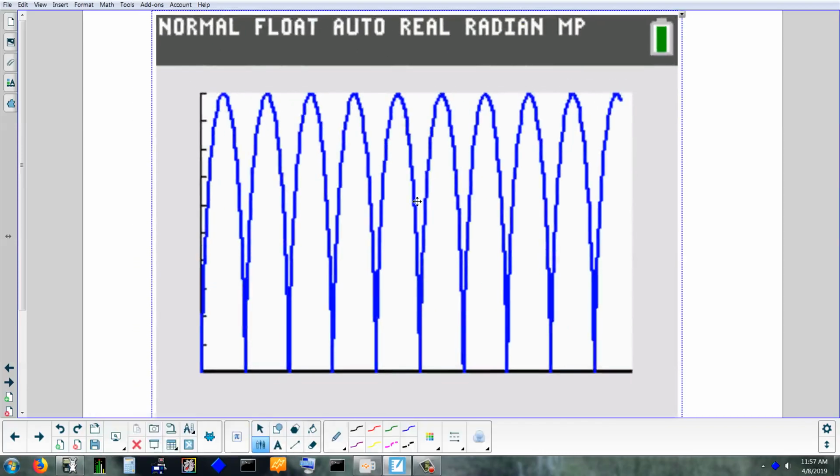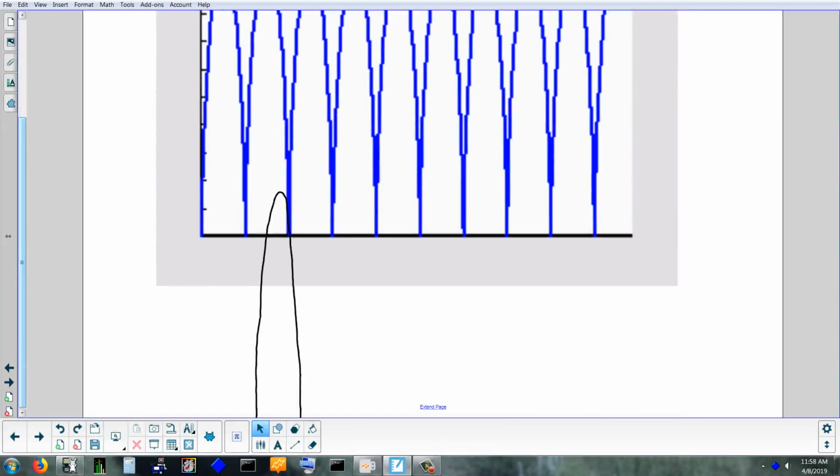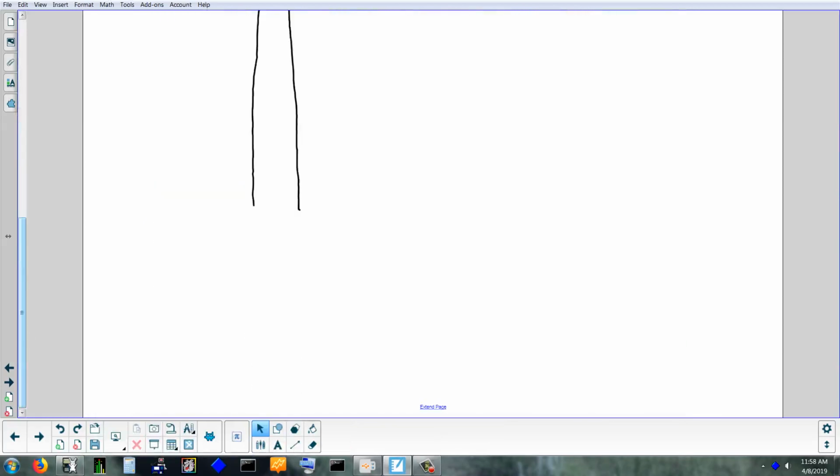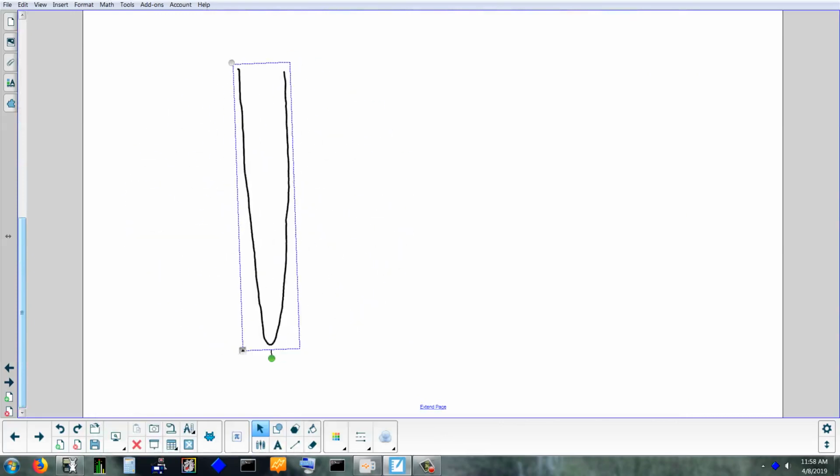And I'm just going to draw one of these curves. Trace over it. Like that. All right, let's move that down here. Now, what I'm going to do with that curve is I'm just going to rotate it like this.